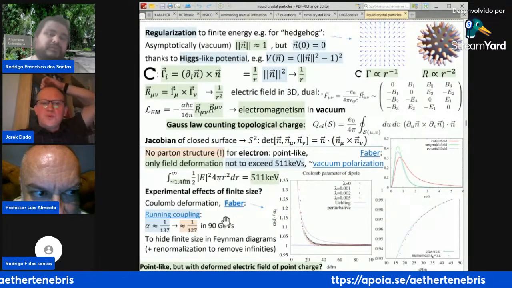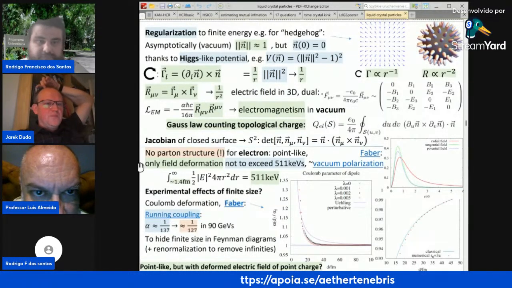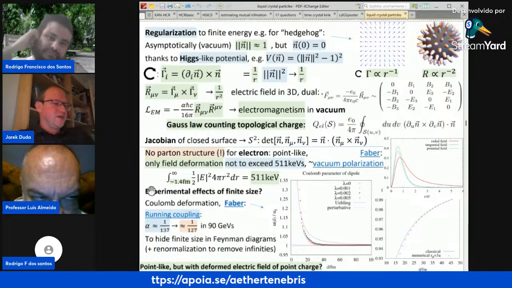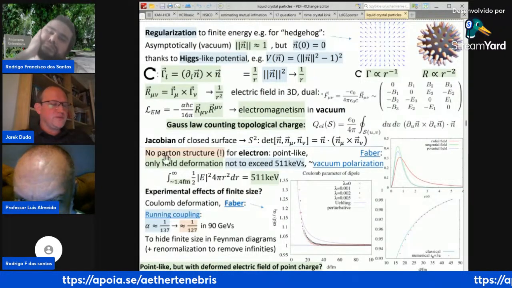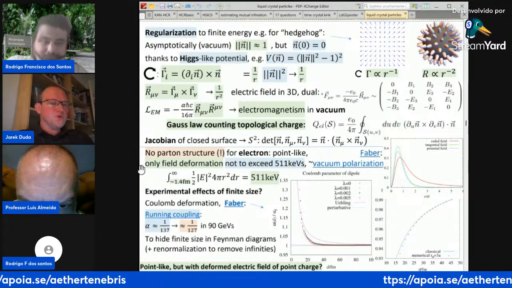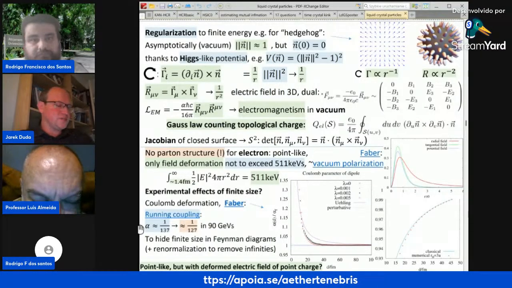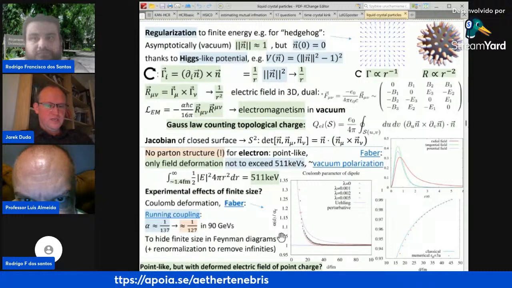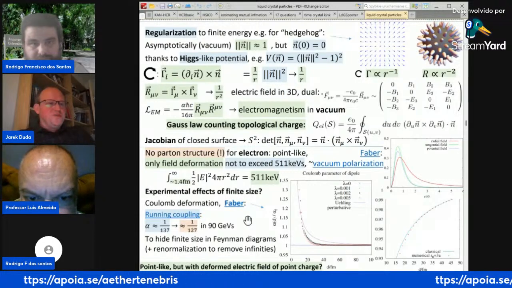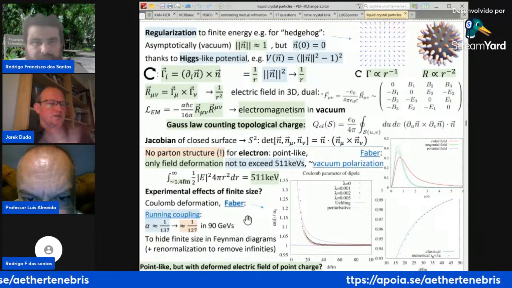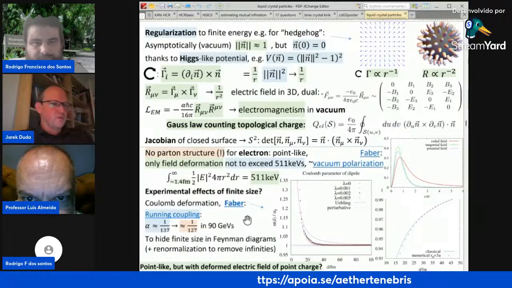To summarize, not to exceed the mass of the electron with its electric field alone, we need some deformation, and including this deformation, we also get a deformation of the Coulomb interaction, which is in agreement with the running coupling. So there is no need of magic. We can understand everything in classical physics before the second quantization.